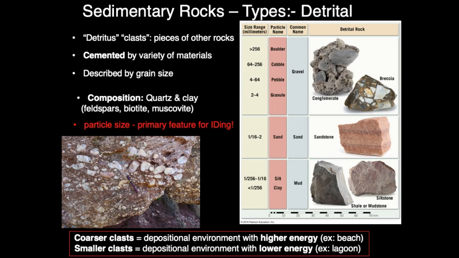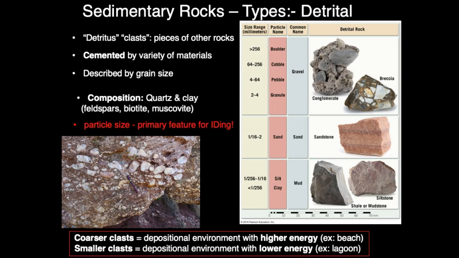So those are detritus, also called clasts. So sometimes the category itself is referred to as clastic sedimentary rocks, okay? Detrital or clastic sedimentary rocks. These detritus will then be cemented by a variety of materials which makes up the sedimentary rocks. And we'll cover that later.